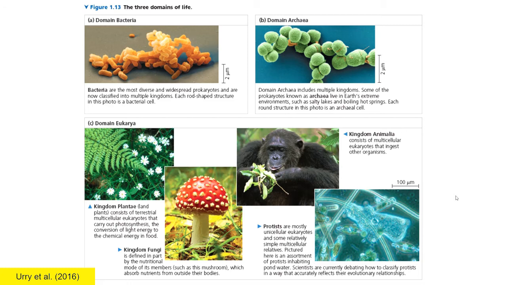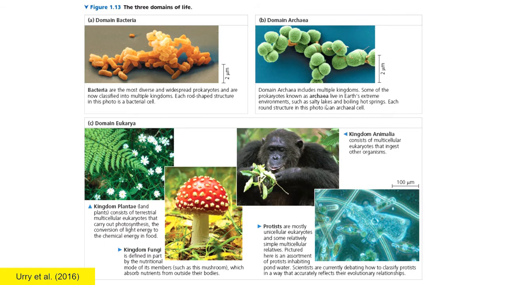This is another table now showing us the three domains of life. So you have your domain bacteria. These are the most diverse and widespread prokaryotes. Okay? Then domain archaea includes multiple kingdoms. The thing that separates them from the rest of the domains is that they live in extreme environments. Okay?